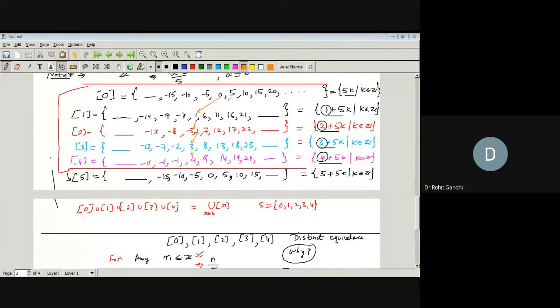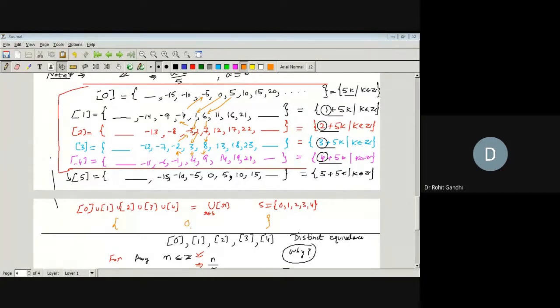Next, what we have? 5, 6, 7, 8, and 9. And if I go backward, then before 0 it should be -1, -2, and here it is -3, -4, -5. So I am getting this set, which is the set of integers.